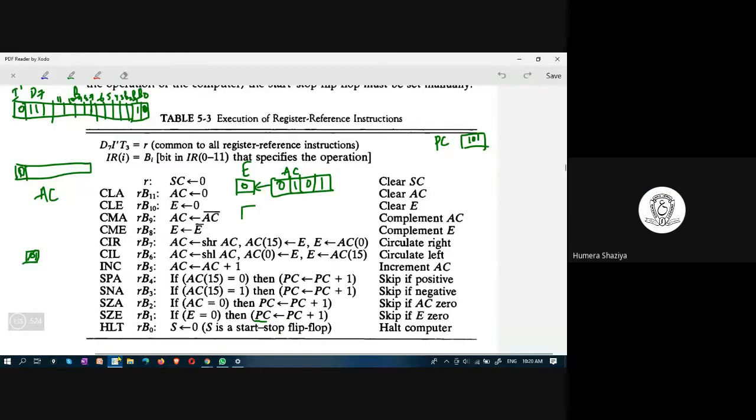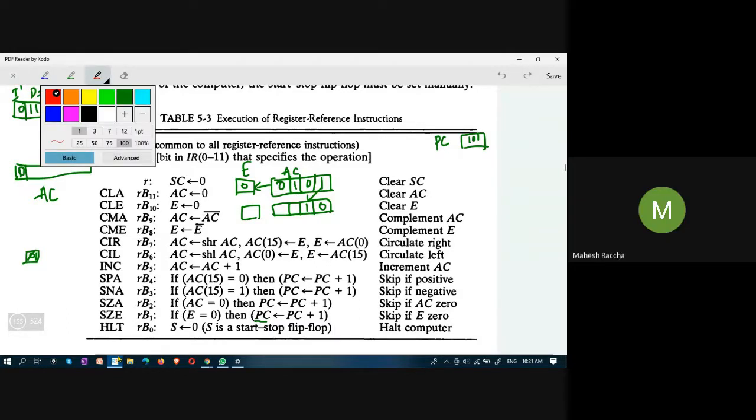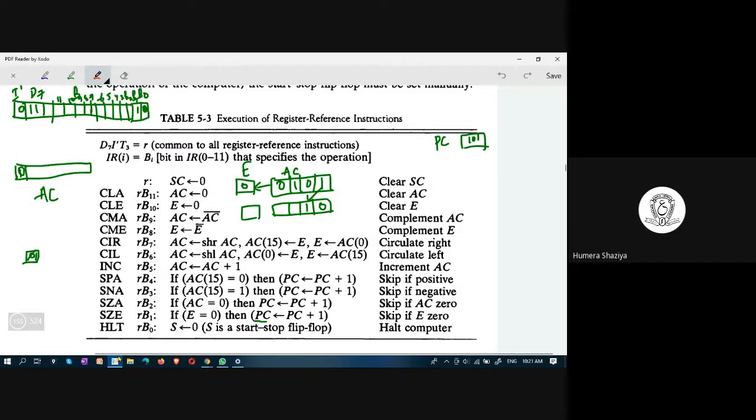And then in the next step, consider E also has 0. So the E bit is transferred to AC of 0. Then this is shifted left.